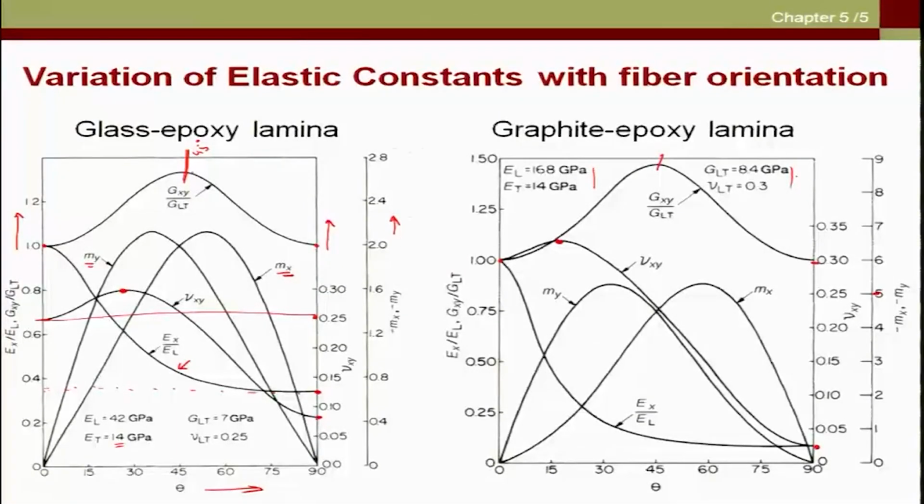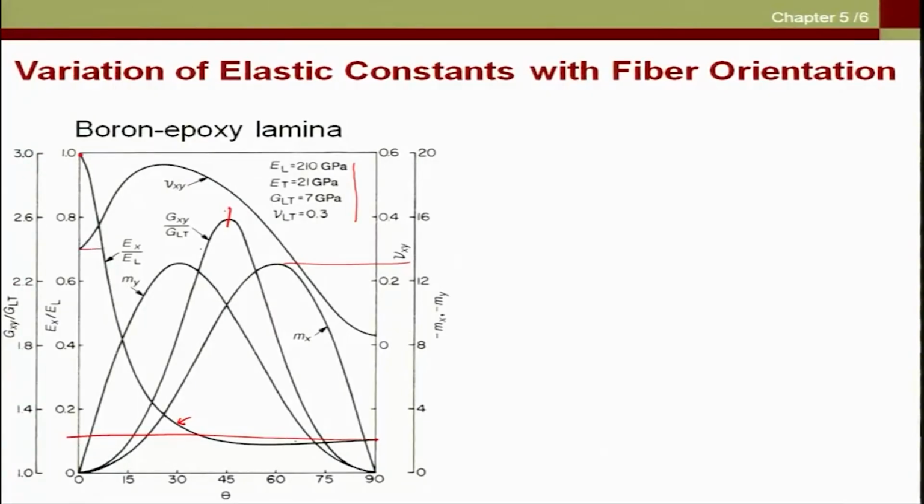And for boron epoxy, it starts from 0.3 at 0 degrees, and it rises very significantly, approaching something like 0.55 at around 25 degrees, and then from there it starts decreasing and becomes extremely small, about 0.03, somewhere in that range, when theta equals 90 degrees.